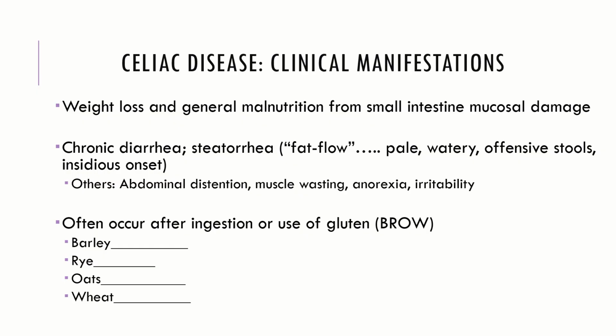Other symptoms are abdominal distension, muscle wasting, anorexia, and irritability. How we can define celiac disease, or the things that we want to stay away from, is called BROW. So we want to stay away from foods that include barley, rye, oats, and wheat.